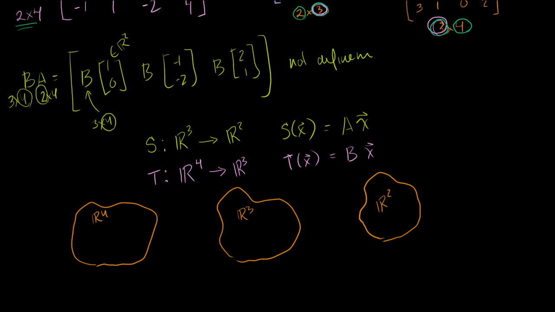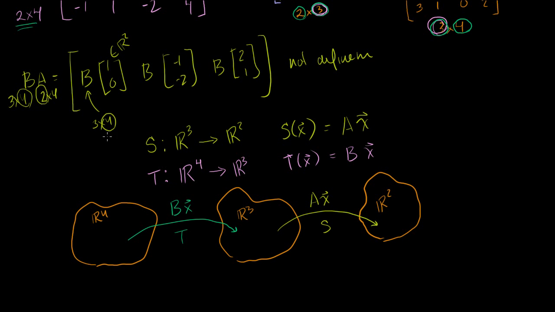T is a transformation from R4 to R3. So T would look like that. T is a transformation. It's B times x. That's what T is equal to. And then S is a transformation from R3 to R2. So S looks like that. And S is equivalent to A times any vector in R3.